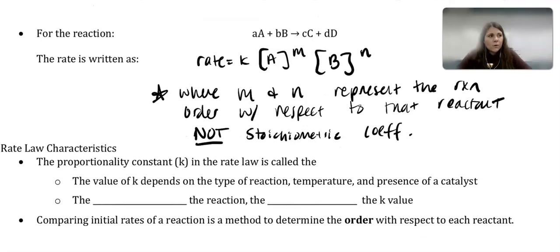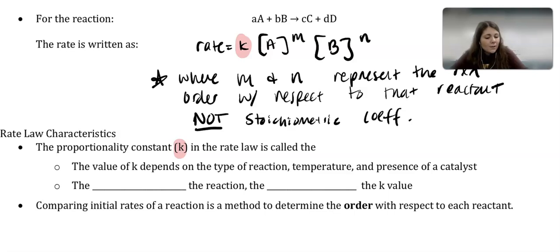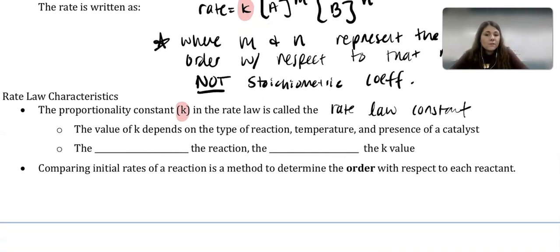You may be wondering why I have this lowercase k. k is a proportionality constant in the rate law, and we call it the rate law constant. The value of k depends on the type of reaction.